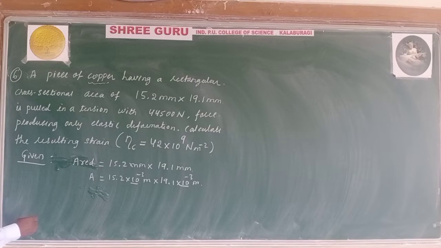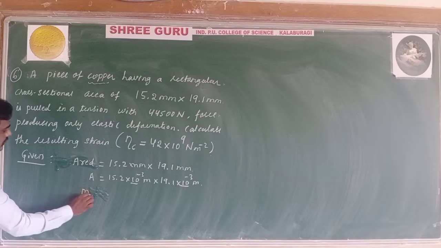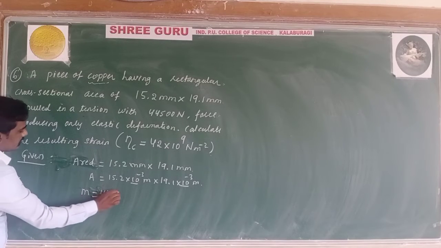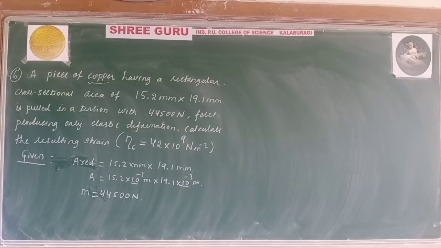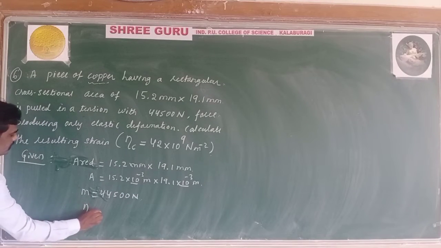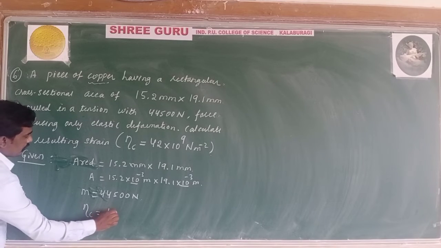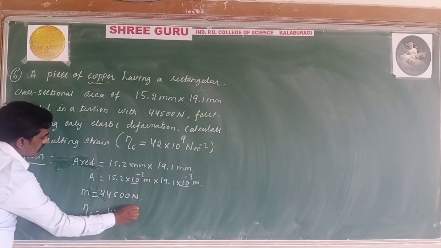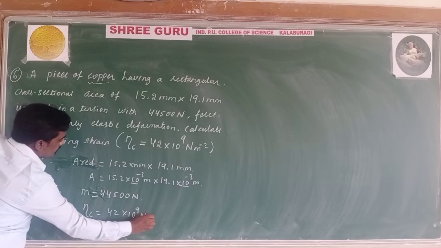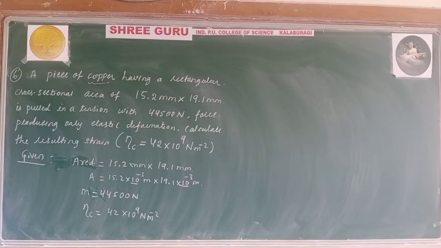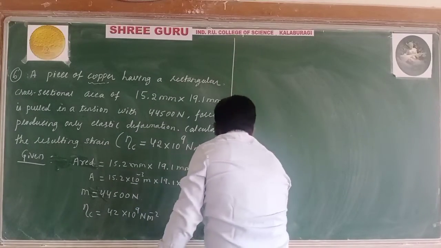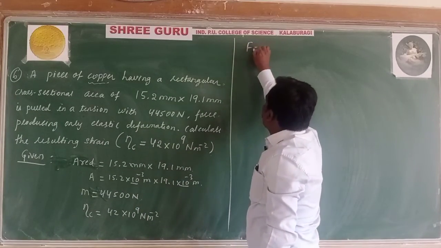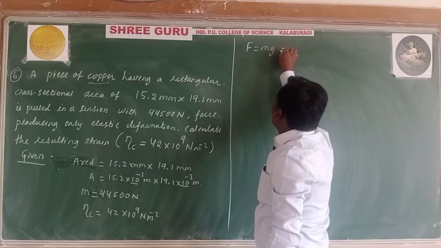What are the next given values? The mass is equal to 44,500, and the shear modulus of copper is equal to 42 into 10 to the power of 9 Newton per meter square. Now we can convert this mass into force. Force is mass into acceleration due to gravity.